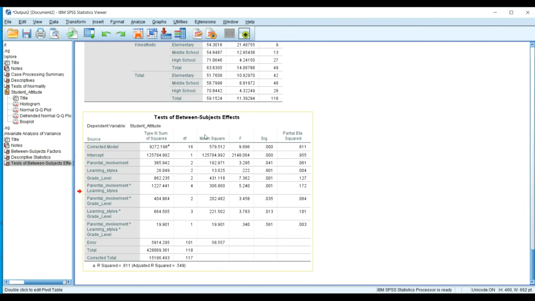We want to be sure here of the test of between subject effects, and we want to look at the significance value and the partial eta squared results. First off is parental involvement. This significance value shows evidence of a statistically significant result.